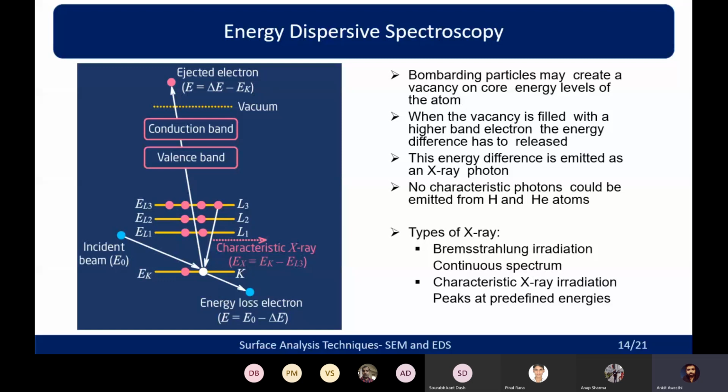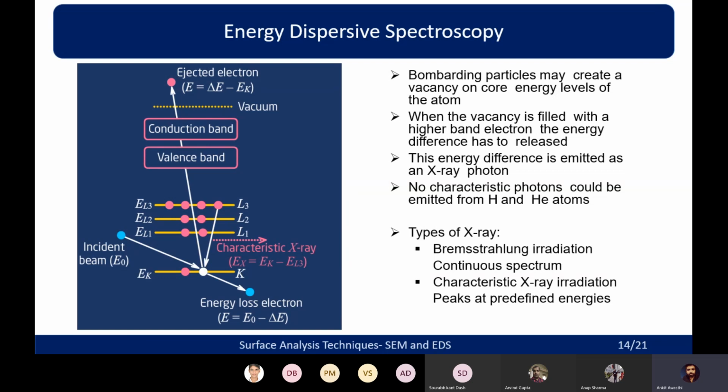So here you can see, bombarding particles may create a vacancy in the energy levels of the atom. When the vacancy is filled up with a higher-energy electron, the energy difference has to be released, and this energy difference is emitted as an X-ray photon. As you know, hydrogen and helium only have an electron in the inner, single shell.